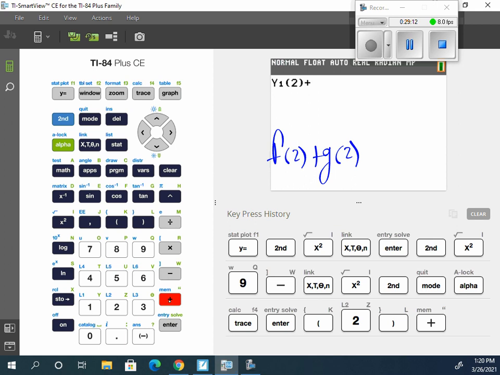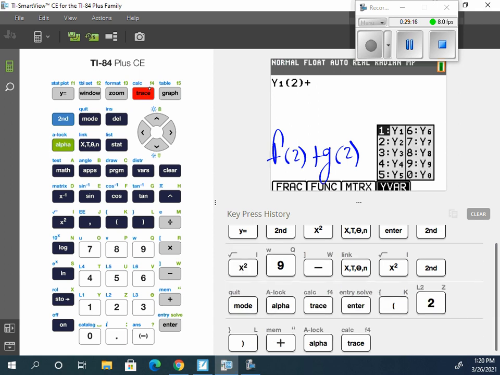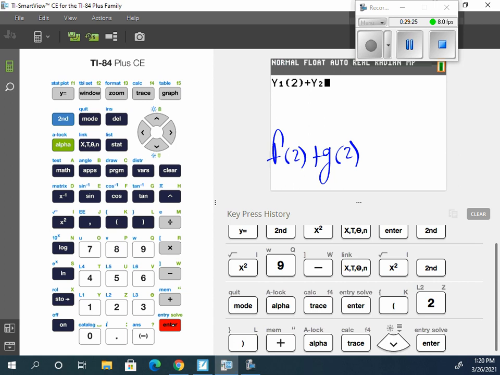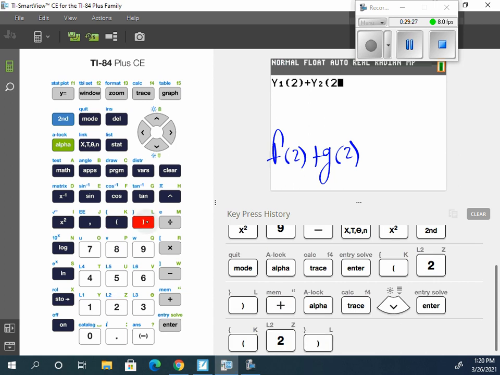Okay, let's add to it. I'm going to click alpha trace, and this time I want to go down 1 and select y2 and hit enter. And then we'll do the same thing. So this is telling the calculator, I want you to plug 2 in for y1 and add to it the value of when we plug 2 in for y2.